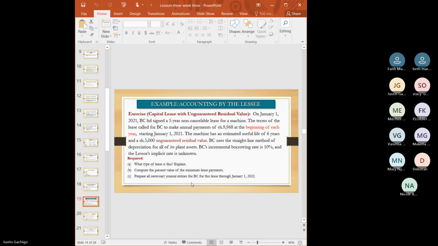Example: on January 1, 2021, BC Limited signed a 5-year non-cancelable lease for a machine. The terms of the lease called for BC to make annual payments of this amount at the beginning of each year, starting January 1, 2021.